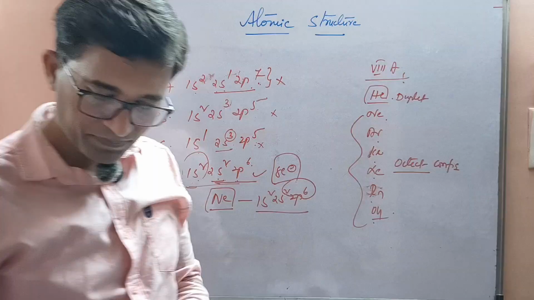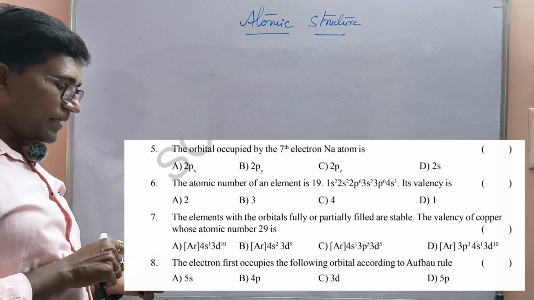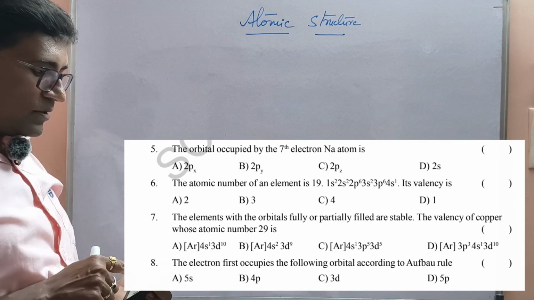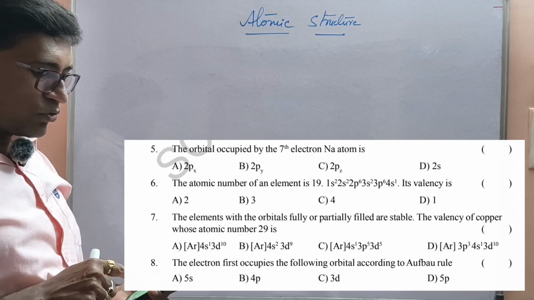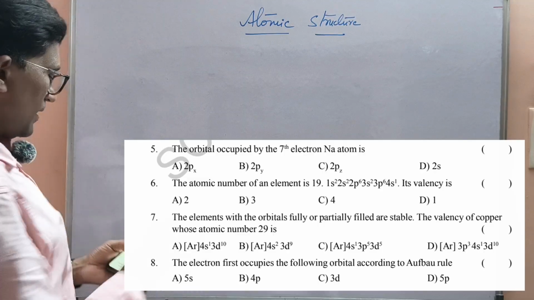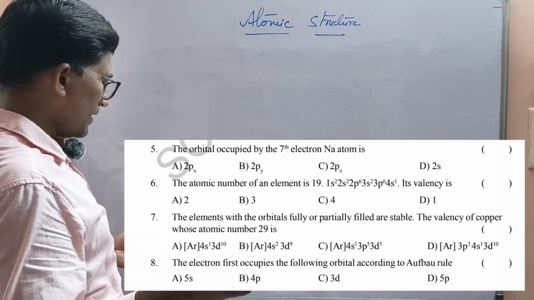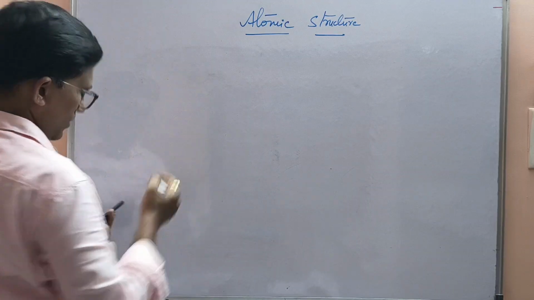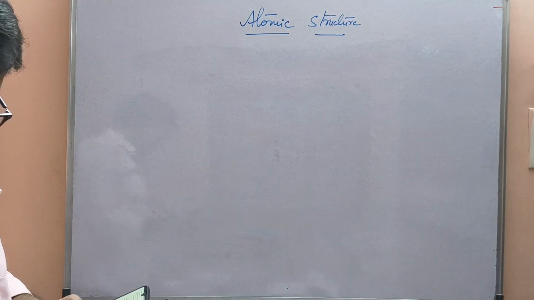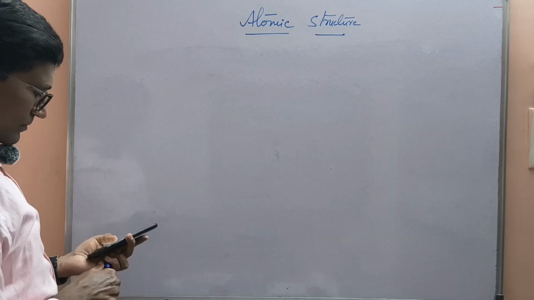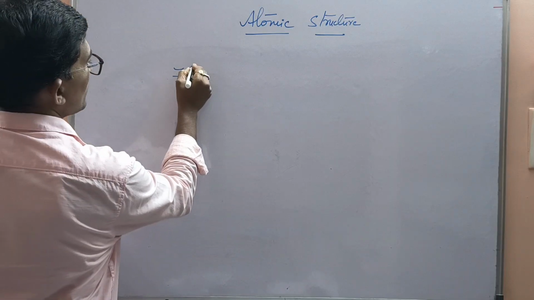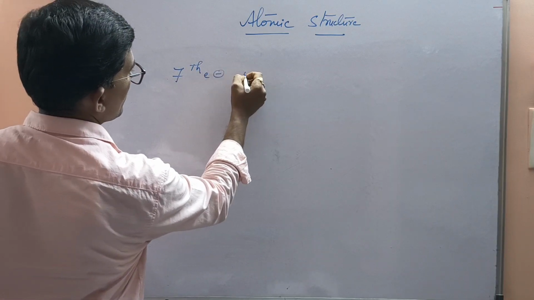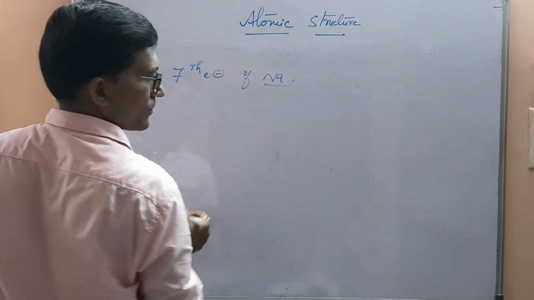Come on, next question. The orbital occupied by the 7th electron of a sodium atom is, okay, he is talking about the 7th electron of sodium.